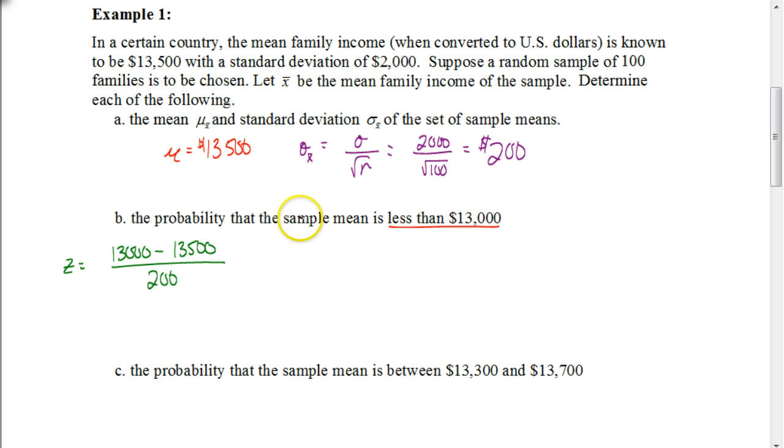Well, since we're dealing with a sample, we use the standard deviation for a sample mean, the $200. So when I do that on my calculator, 13,000 minus 13,500, divided by 200, I get negative 2.5. So my goal here is to find the probability that my z-score is less than negative 2.5.